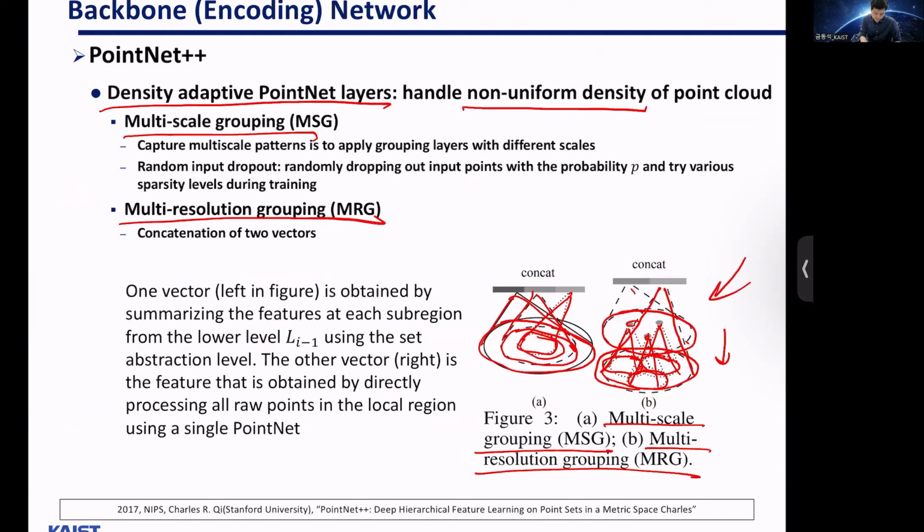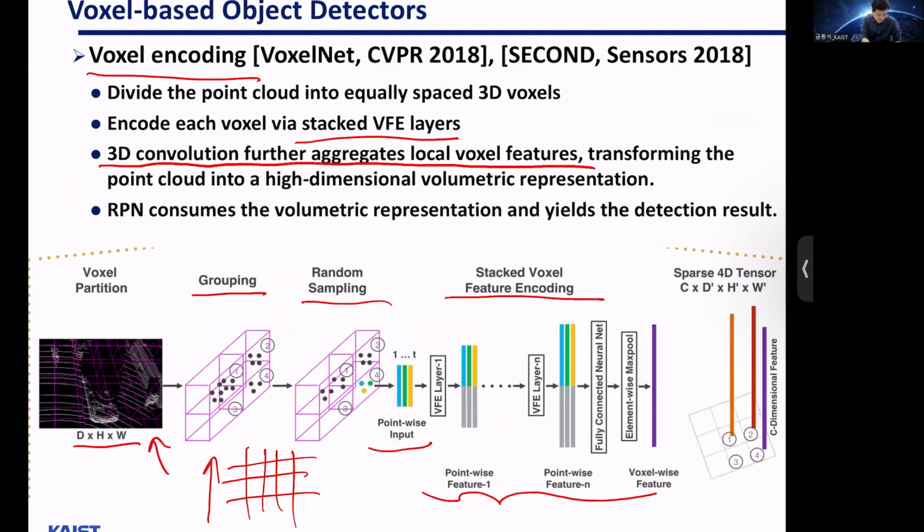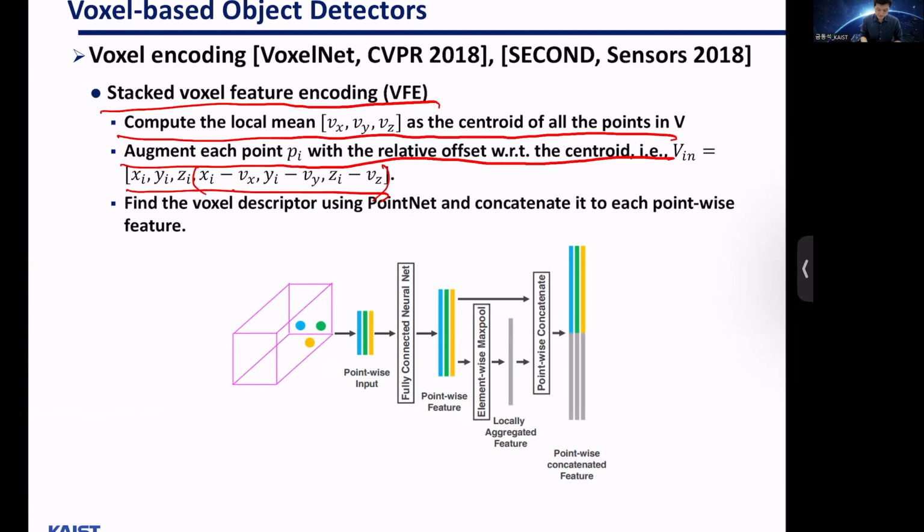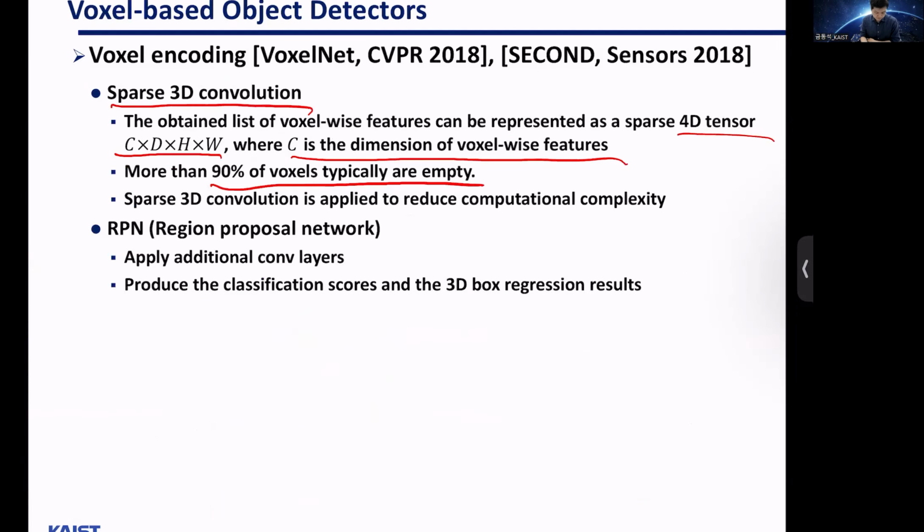Another example can be shown here. There will be a number of points if there's an object, but in the rest of the space there are no points. So there are many voxels without any points within them.